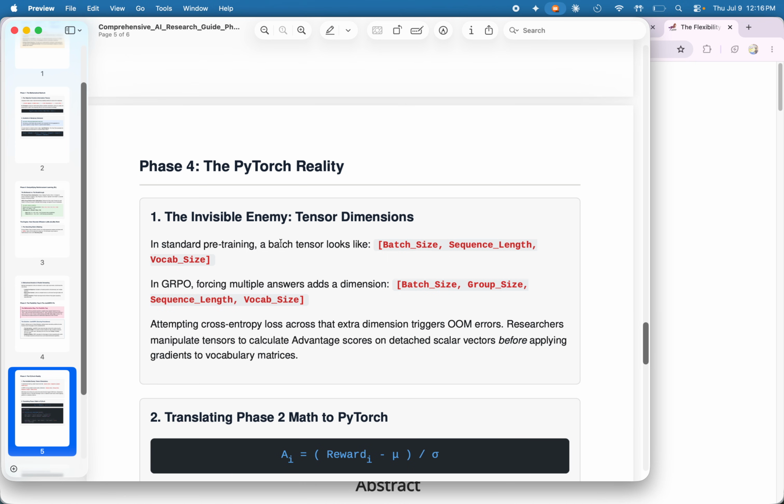The phase for the PyTorch reality. So far, during general ML, we will be just using the libraries, the ones where we just do a dot fit, dot transform, all these things, right? Even for the LLM models, if we use Hugging Face or other libraries, still it will take care of the things.